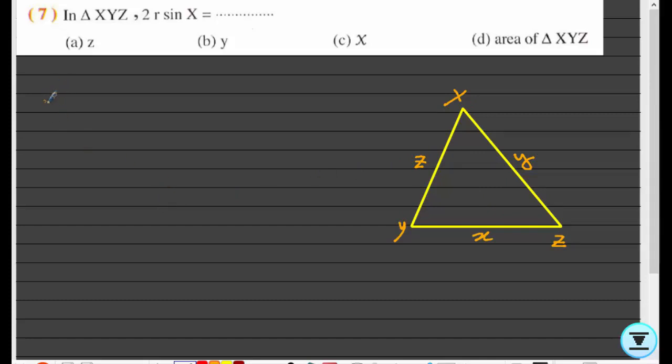Now, x over sine X equals 2R. X here is the angle, so I must write it in capital letter.